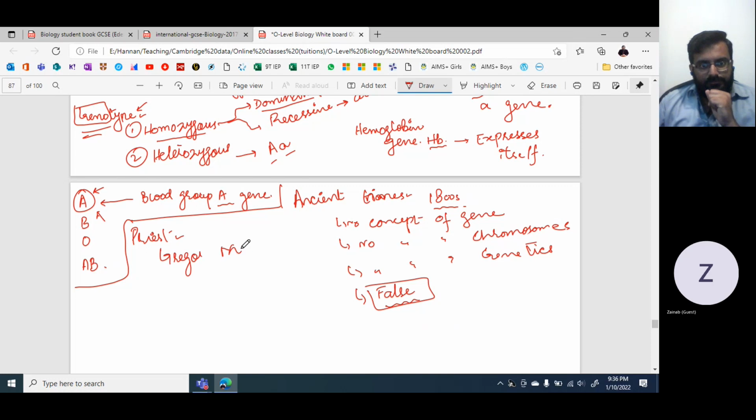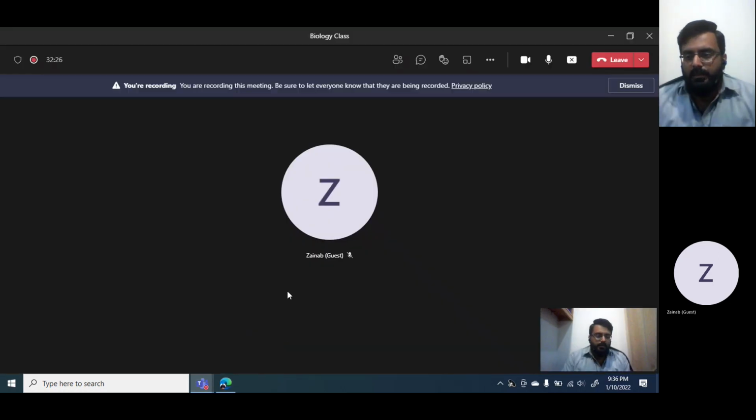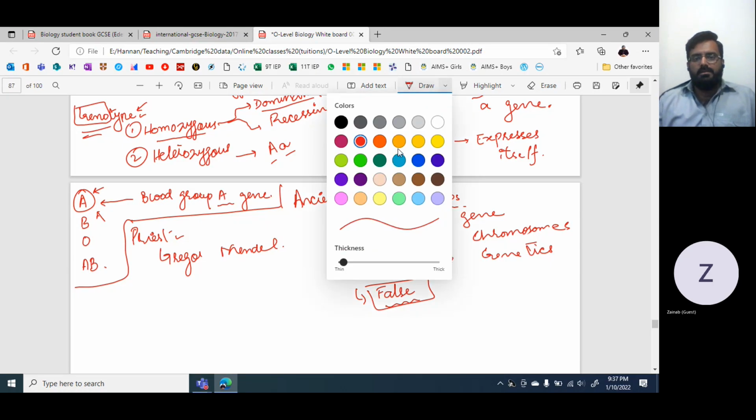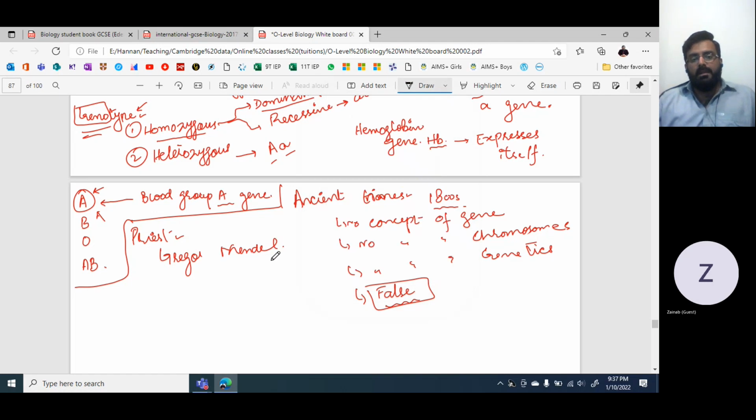Gregor Mendel. He actually was a very sharp person, and by chance he became a priest. But actually, he had two very great teachers who helped him to be such a great person of scientific history.